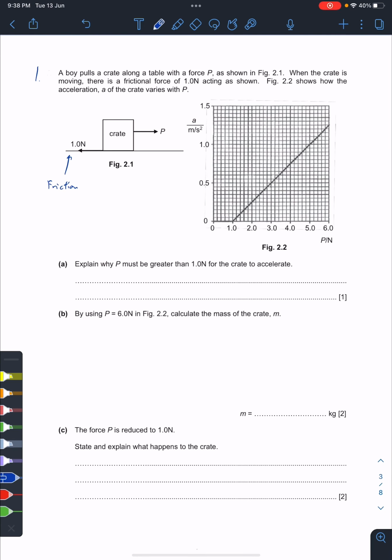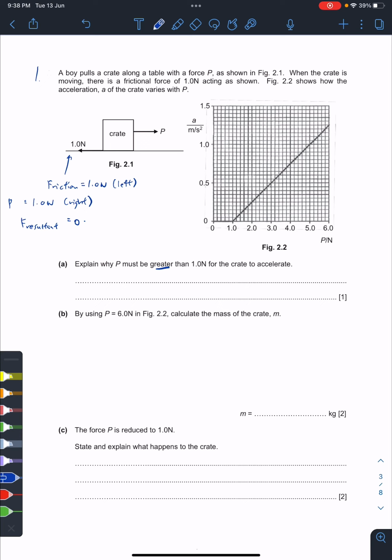So if your force, okay, it says why it must be greater than 1, right? So let's say it is 1. So let's say P is 1 Newton to the right. If you have 1 Newton to the left, 1 Newton to the right, it cancels out. So your resultant force in this particular scenario is 0. Your crate still doesn't move.